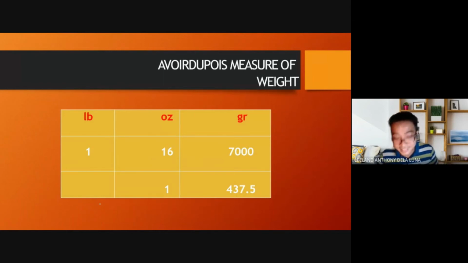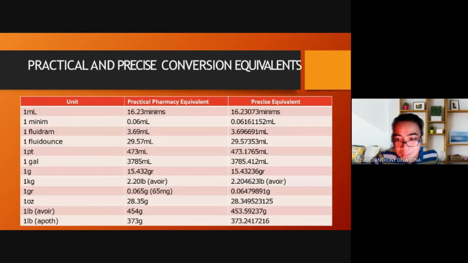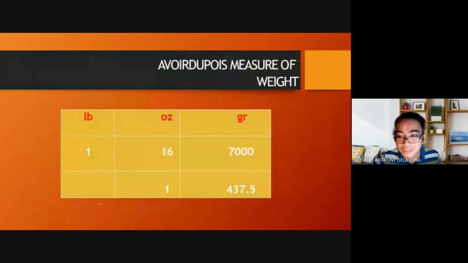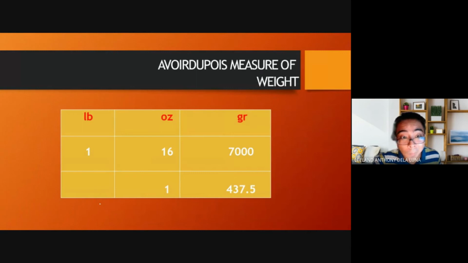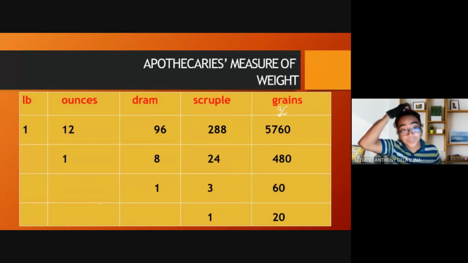Sulat ko muna saglit lang. 16 ounces is equivalent to 7,000 grains. So, ano yung isang unit natin kanina? Drams? Alright, drams. Saan ang drams natin? Yun. So, 1 pound is equivalent to 96 drams. Ito nga, check ko lang baka may iba namang dyan.